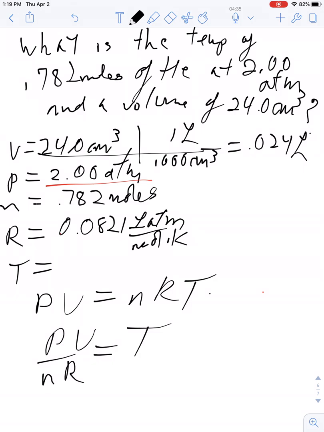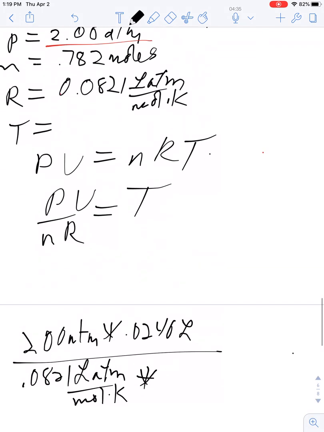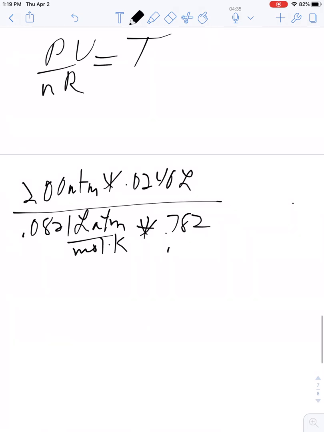We're going to have our pressure was 2 atmospheres times our volume divided by the R value and then multiply that by, what do we multiply that by? Oh, the number of moles, which in this case was 0.782. And then we get our temperature.